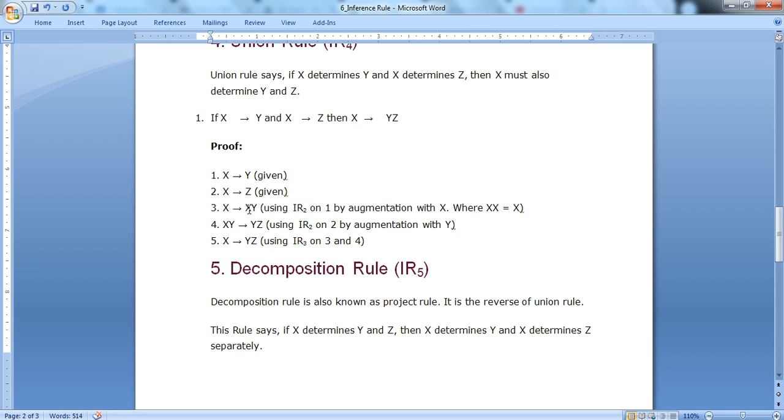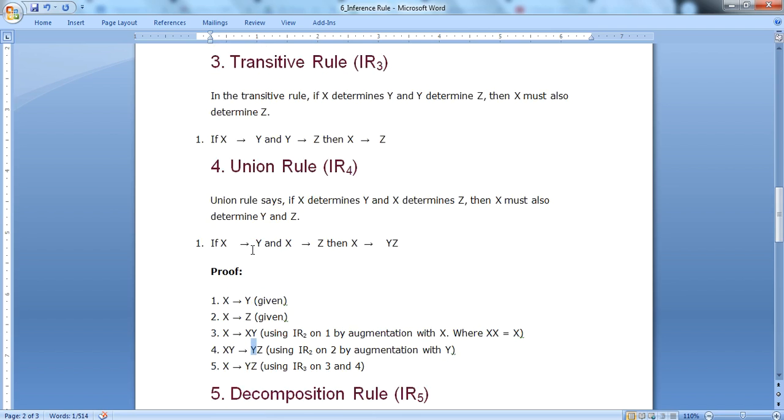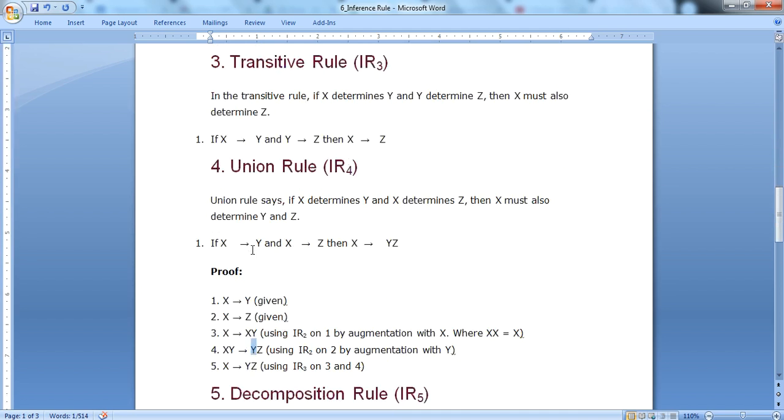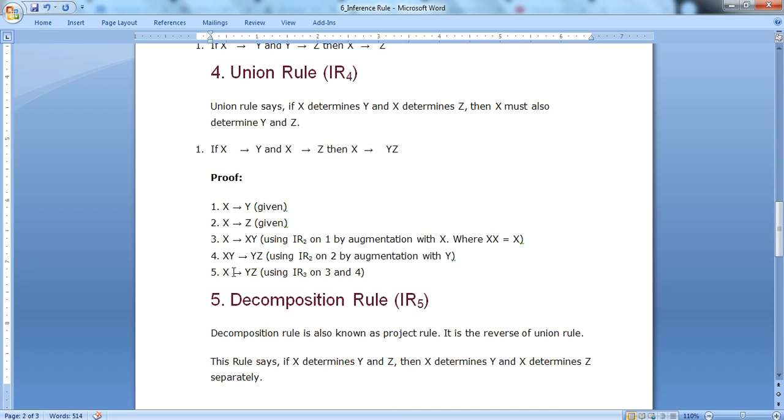Because X determines XY, which is allowed by adding the given dependency to itself. Now XY determines YZ, because X determines Z, we can add Y with the rule of augmentation. Now the output is that X determines YZ.